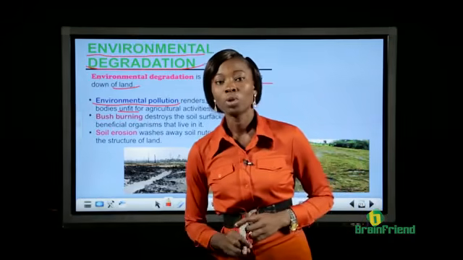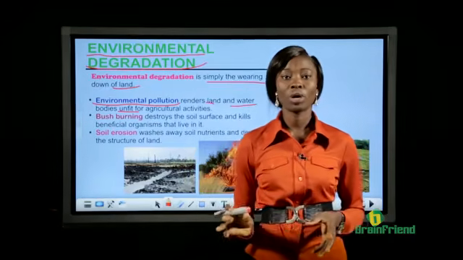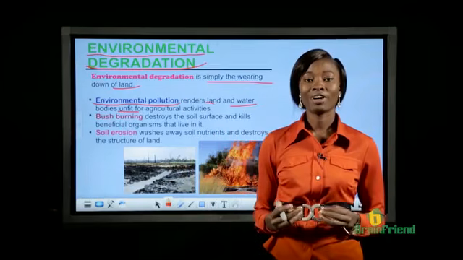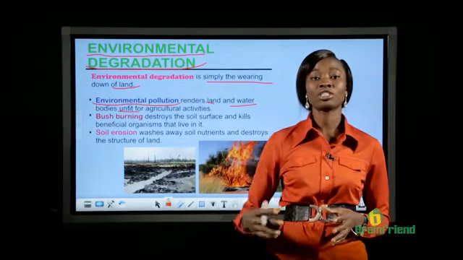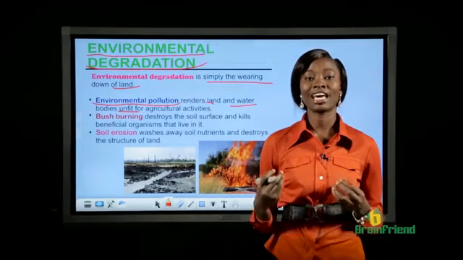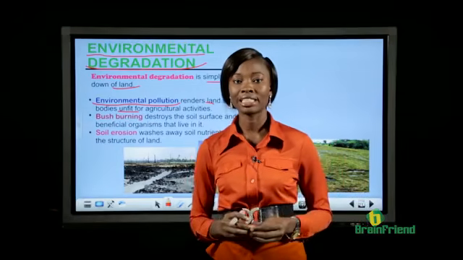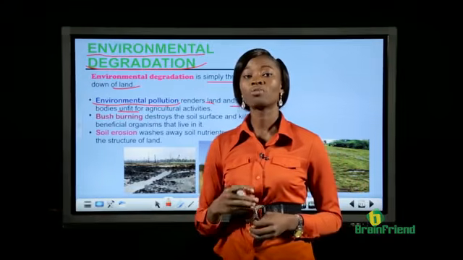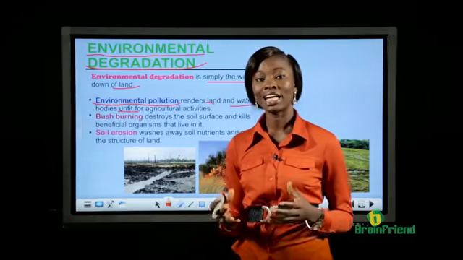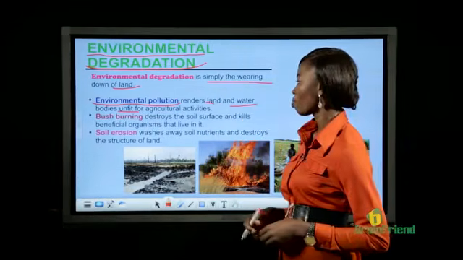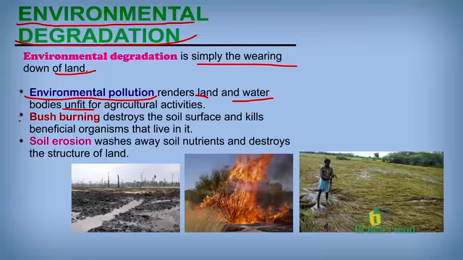Land pollution pollutes the land and destroys the nature of our land. It also washes off some of the essential nutrients found on land. Water pollution destroys the organisms that live in water. Another form of environmental degradation is bush burning.